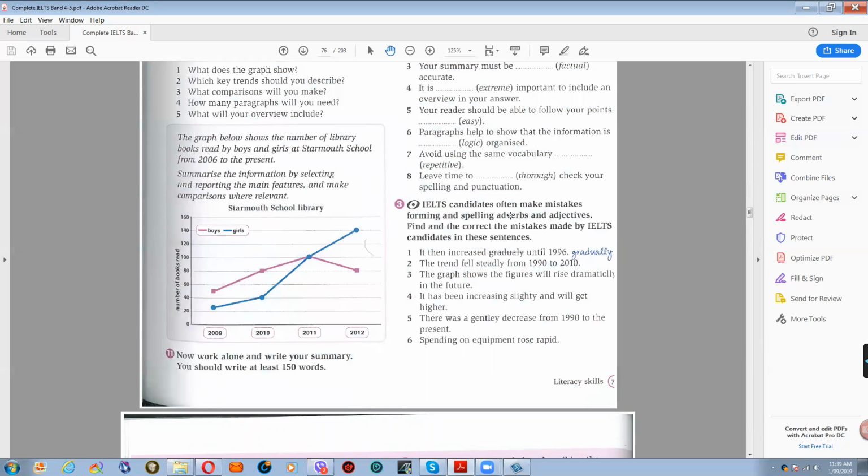IELTS candidates often make mistakes forming and spelling adverbs and adjectives. Find and correct the mistakes made by IELTS candidates in these sentences. Number 2. The trend fell steadily.